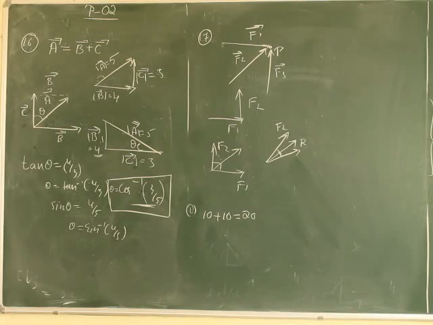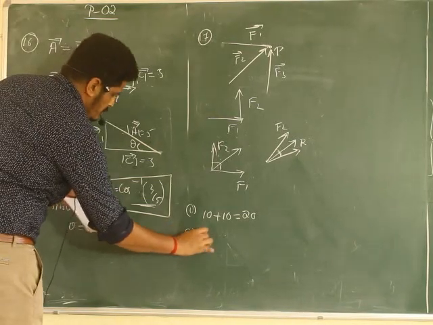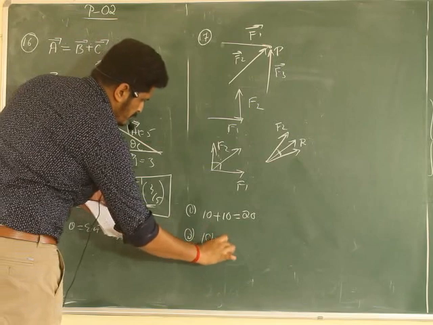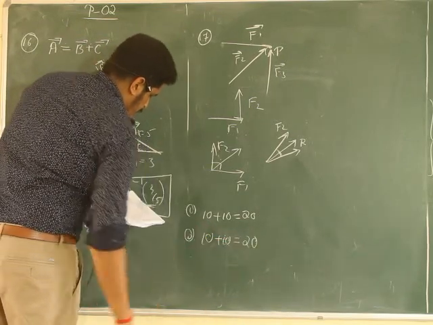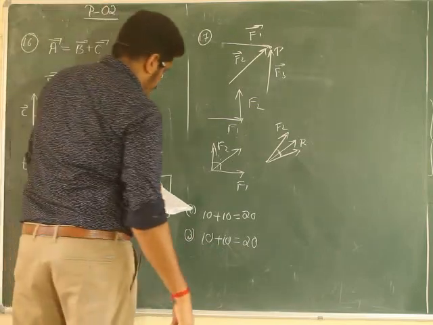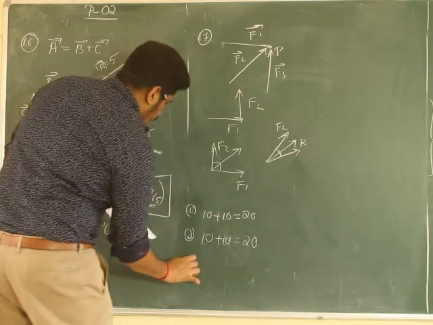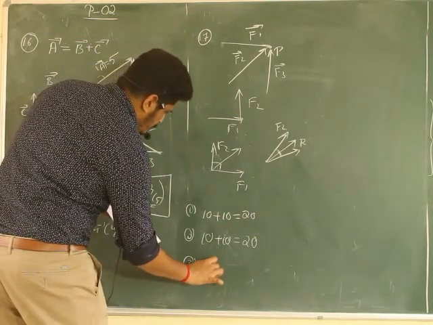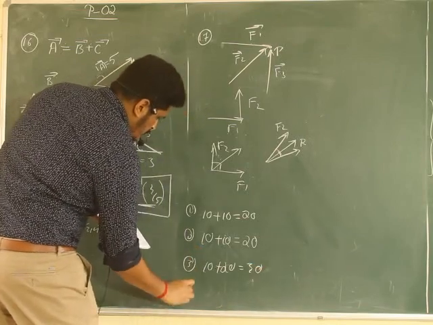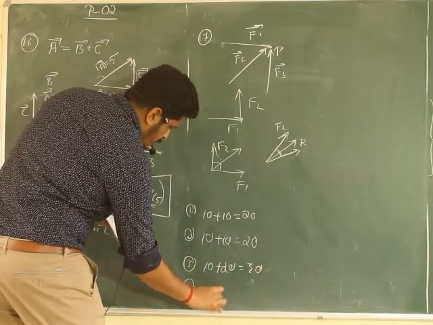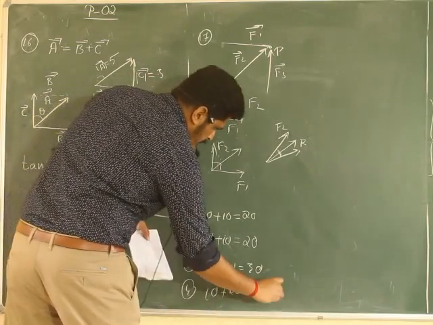You can check by using the magnitude forms and all. And the second one, suppose I add up 10 plus 10, equal to again 20. Third one, just roughly, 20 equals 30. The last one, fourth option, 10 plus 20 equals 30.